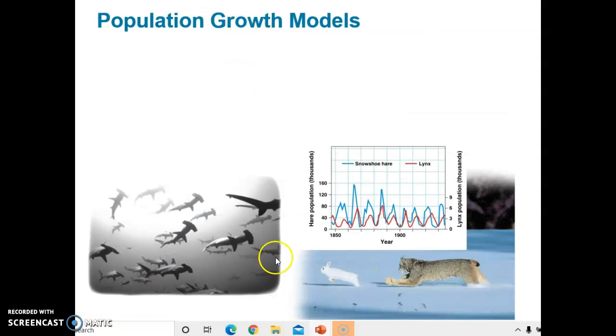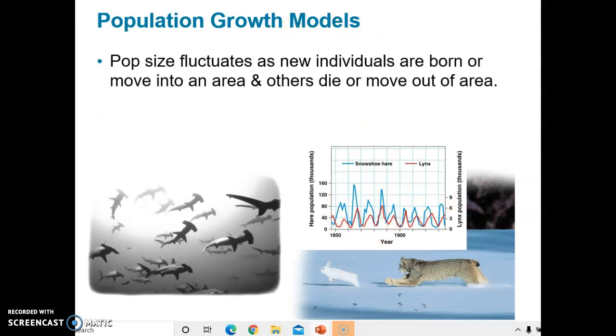So let's look at how population numbers change over time, meaning growth models, if you chart them out. So population sizes fluctuate as new individuals are born into populations or move into an area, think of migration, or move out of the area or die from a particular population.